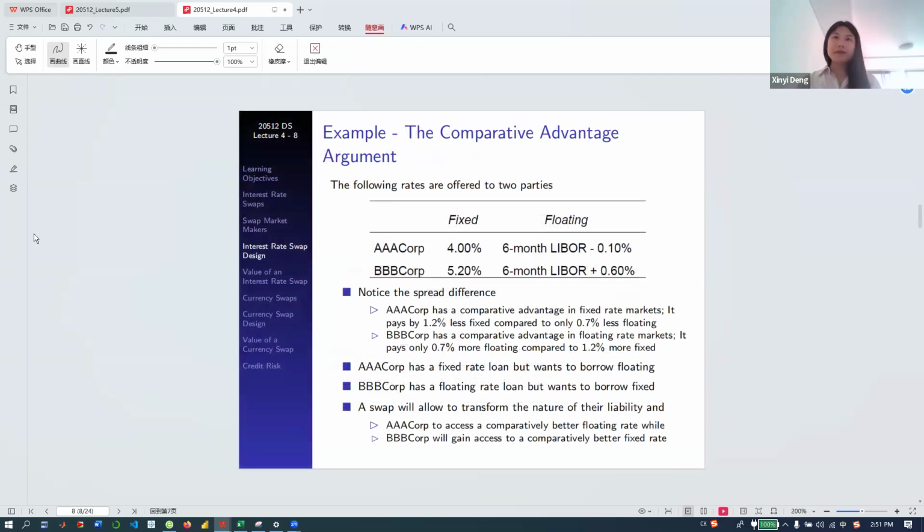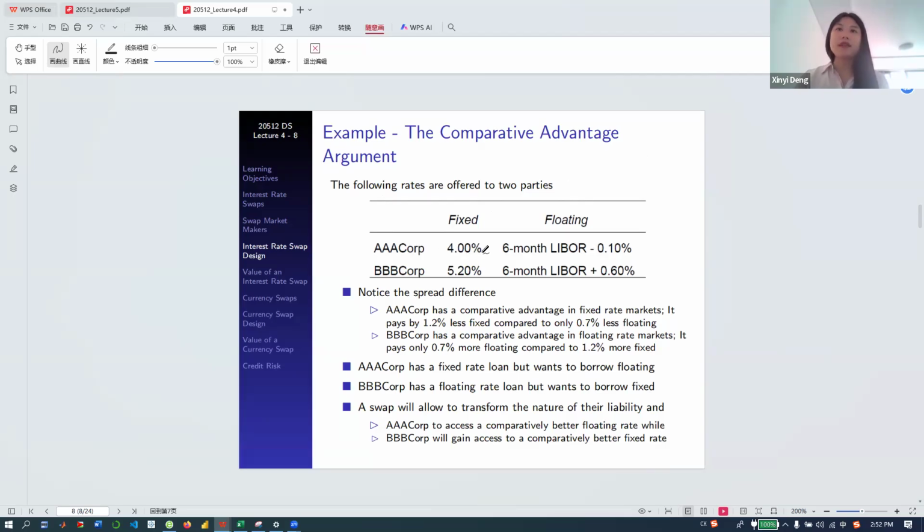Now we are ready to discuss the comparative advantage argument. Let's think about this example of AAA Corp and BBB Corp. This table shows the rates that AAA Corp and BBB Corp are able to borrow at in the market. The terms are always better for AAA Corp, whether we are in the fixed rate market or the floating rate market.